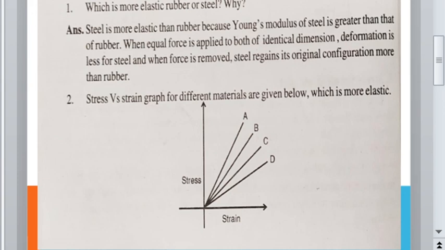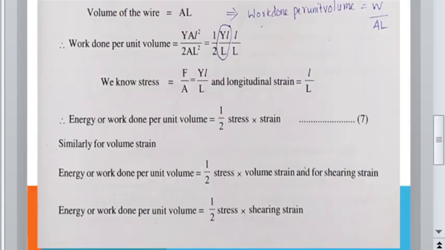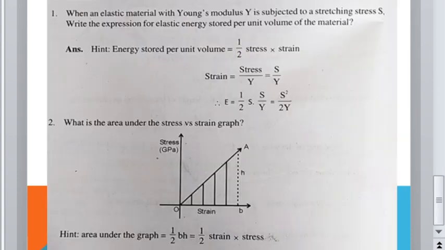Okay. Then we derived an expression for the work done per unit volume in deforming a body, work done or the energy. We got the expression as work done is equal to half into stress into strain. Then we already did two problems related to this work done. Okay, I hope it's clear to you.